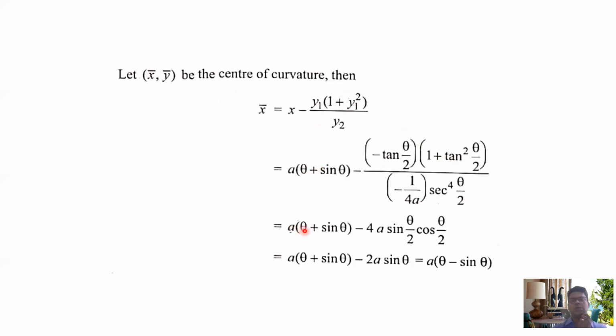That gives a into theta plus sine theta minus 4a sine theta by 2 cos theta by 2. After simplification, you have a into theta plus sine theta minus 2a sine theta. After simplification you have a into theta minus sine theta. From here you may use the sine 2 theta formula.